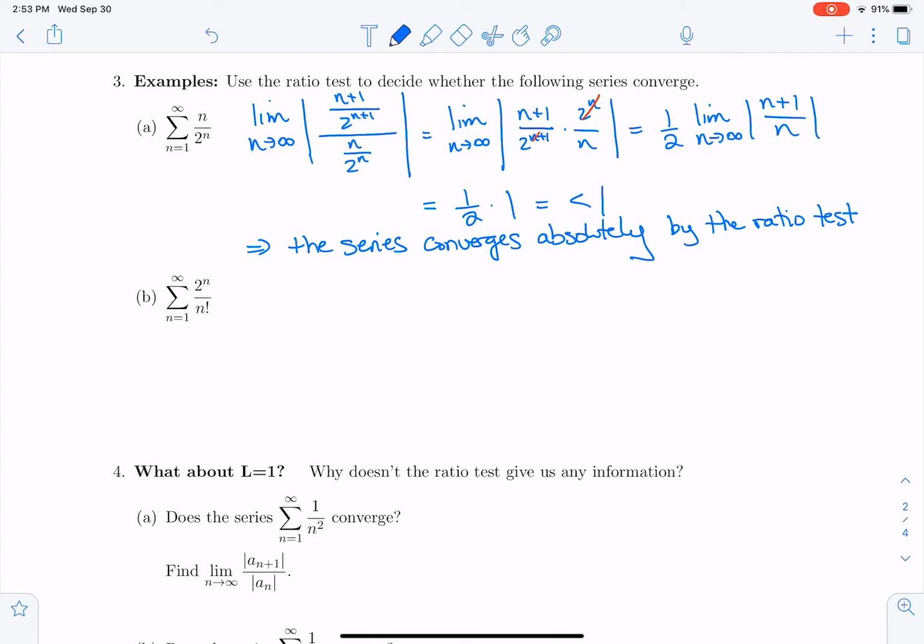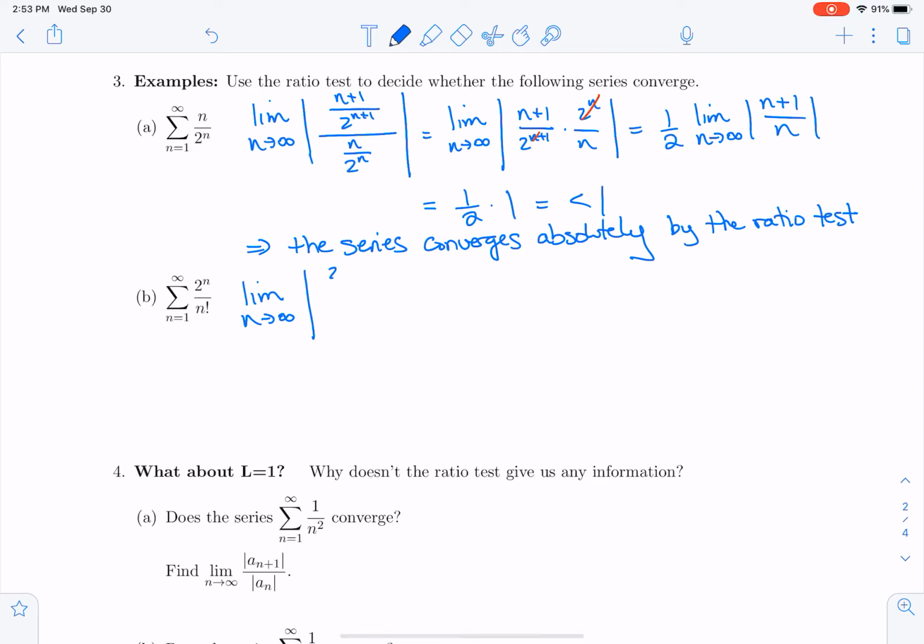Okay, another instance in which you can show that a series converges by the ratio test is when you're dealing with factorials. Whenever you're dealing with factorials in your sum, it is good to use the ratio test. So we're going to take the limit as n goes to infinity of the ratio of the terms.